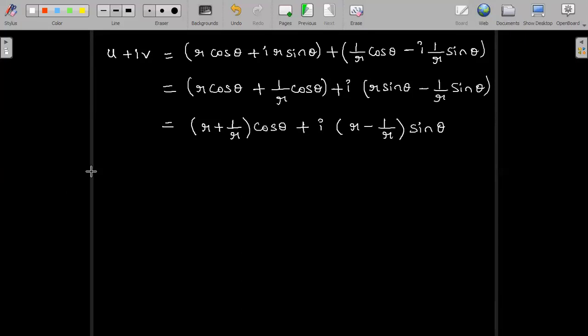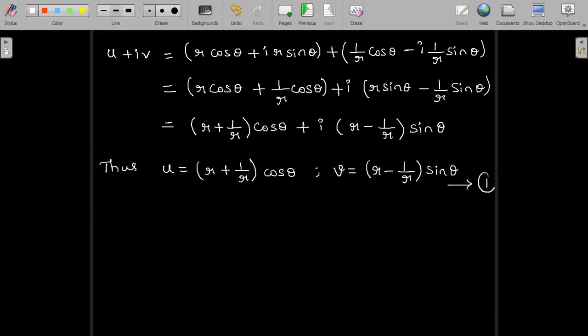So I can now separate real and imaginary and write down what are u and v. Thus we conclude that u is equal to r plus 1 by r cos theta, and v is equal to r minus 1 by r sin theta. We'll call this equation 1.